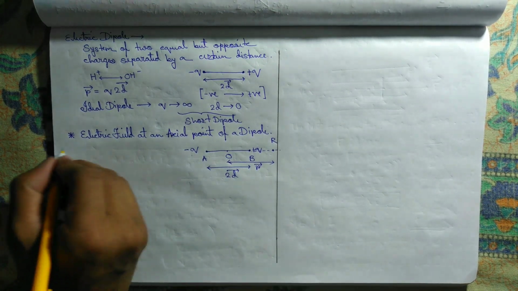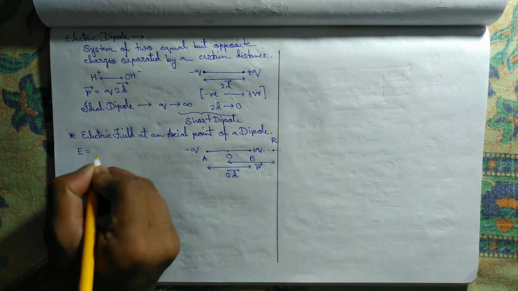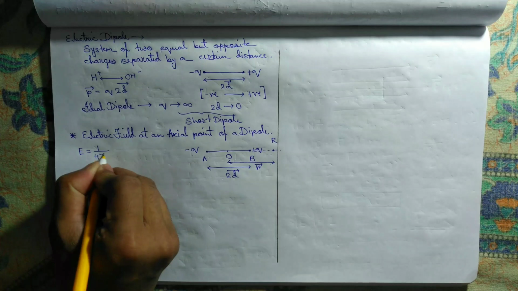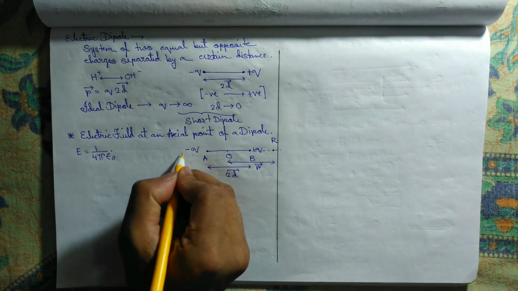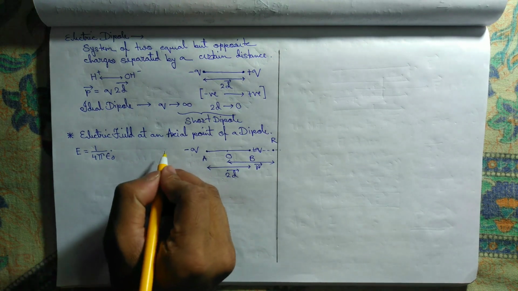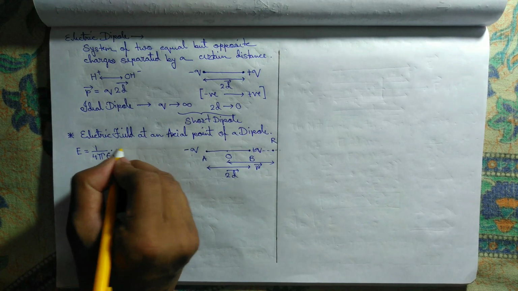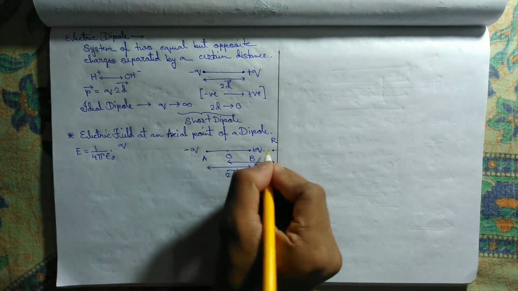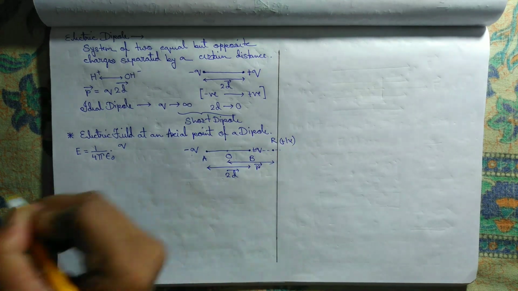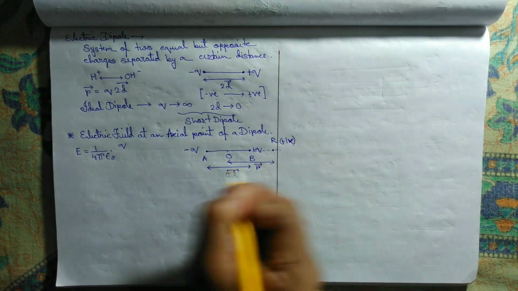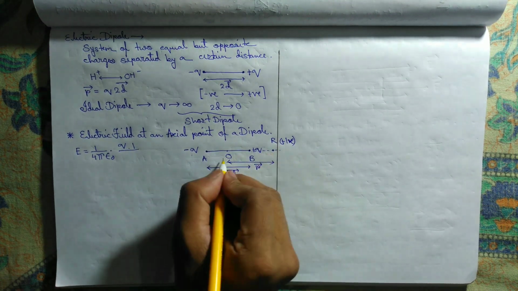Okay, so what is the electric field formula for the point A? E equals 1 by 4 pi epsilon naught times charge q. We will write down the direction later. First take the magnitude, for a unit positive charge. Q into 1 by the distance squared.